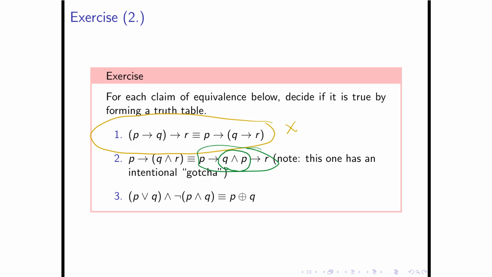We talked in a previous video about how if you have any chain of conditional propositions, you have to use parentheses to disambiguate the order in which the conditionals are meant to apply, because you get different truth values if the parentheses are placed in different places. Well, here there aren't parentheses, right?